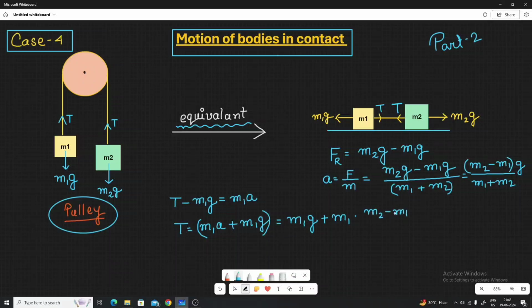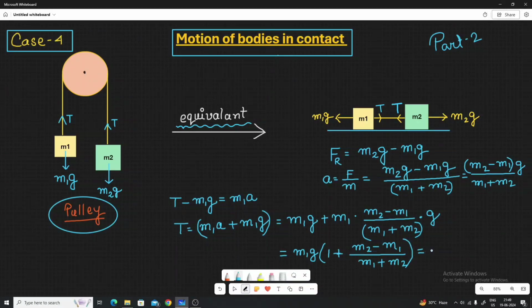M2 minus M1 divided by M1 plus M2, into G. Okay, now by calculating this, you will get, let's take M1G common, and you will have 1 plus M2 minus M1 over M1 plus M2.